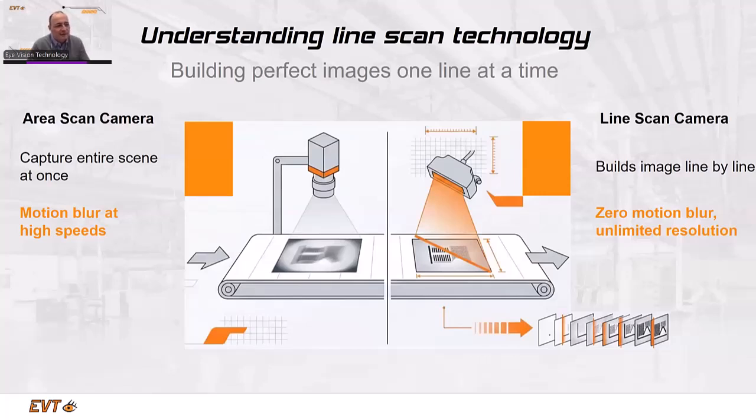The advantage of the line scan cameras is you can exactly illuminate this very thin line of the line scan camera so that you have the best illumination in the area where the line scan camera captures the image.